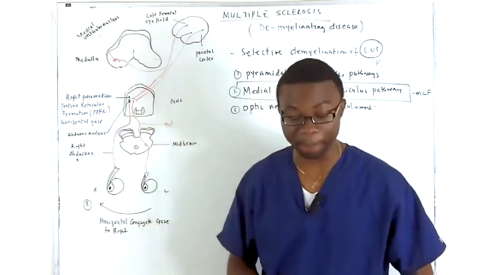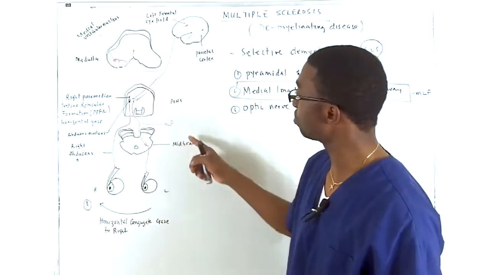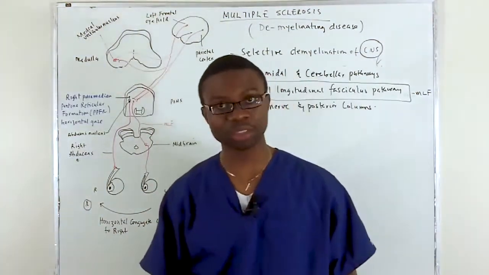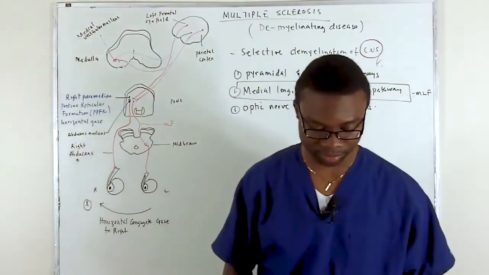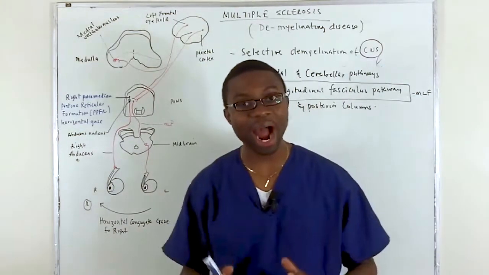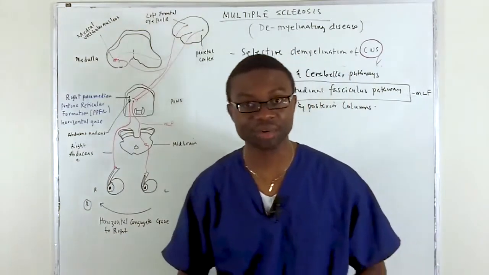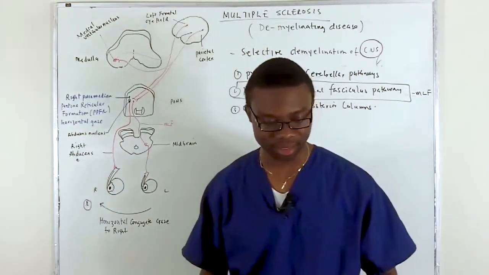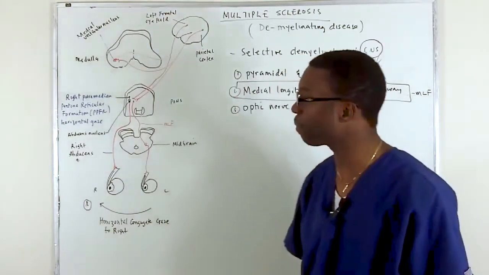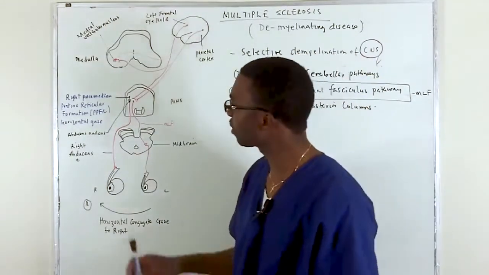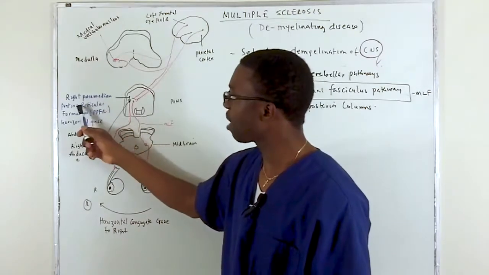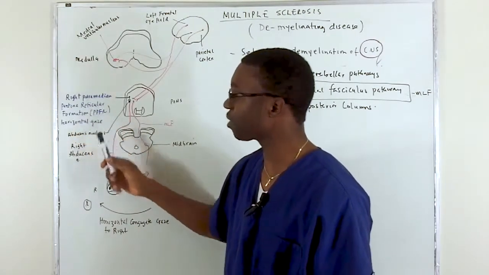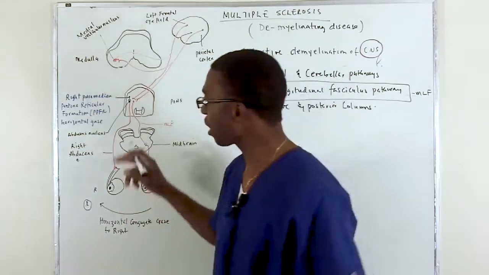Now, the neurons in the brainstem, which is your pons, midbrain, and medulla, and the cerebral cortex are responsible for doing this. Horizontal eye movements are often generated by neurons that are found in the paramedian pontine reticular formation. Ooh, that's a big word. The paramedian pontine reticular formation, PPRF.